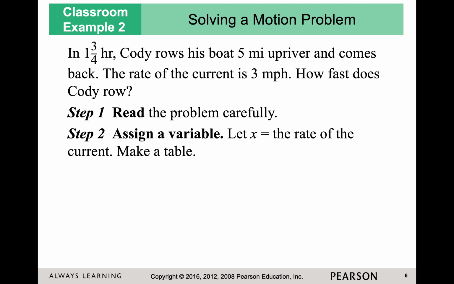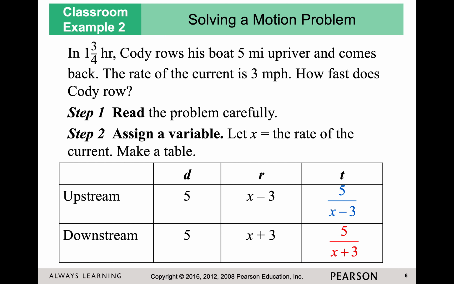I'm going to let x equal the rate of the current because he's rowing with that current, and I'm going to make a table. The distance upstream, he goes 5 miles upstream and 5 miles downstream. The rate of the current, if I'm going upstream against the current, I have to go at least 3 miles per hour before I'm even going to stay in the same place.